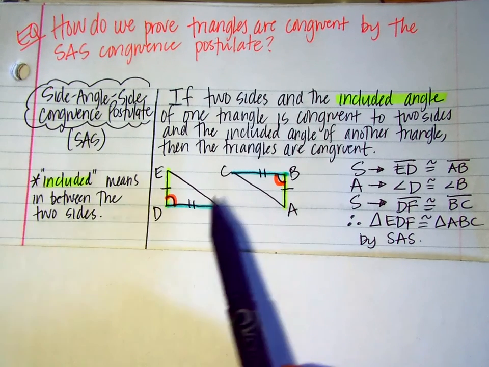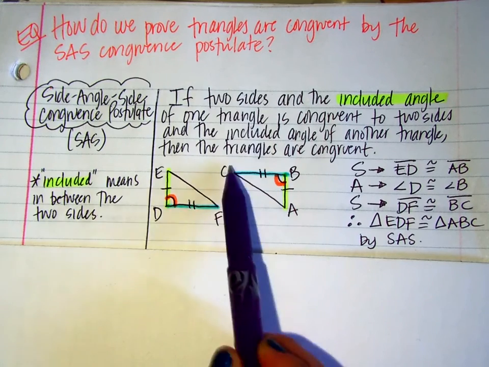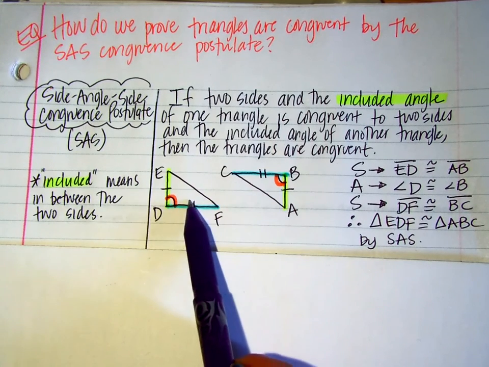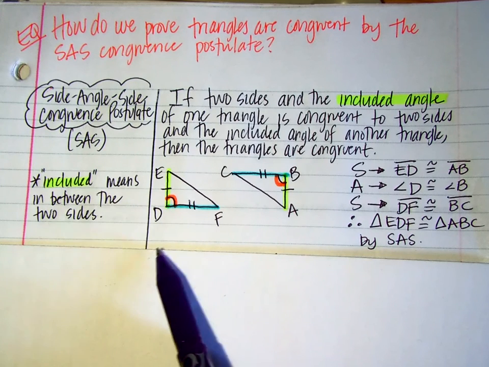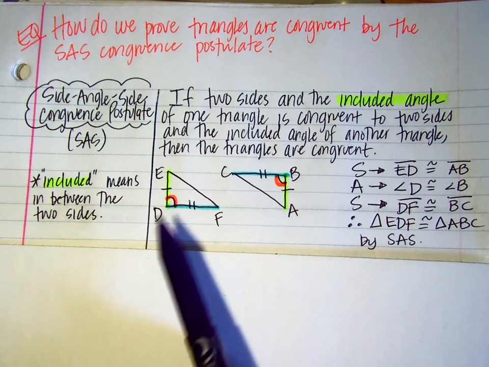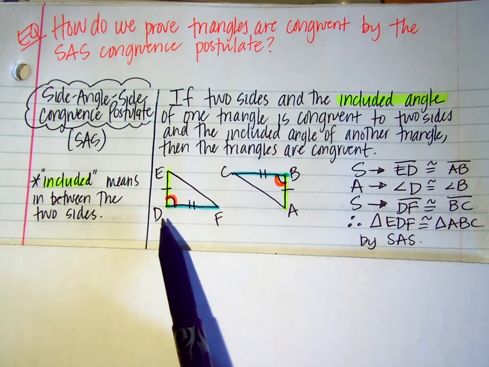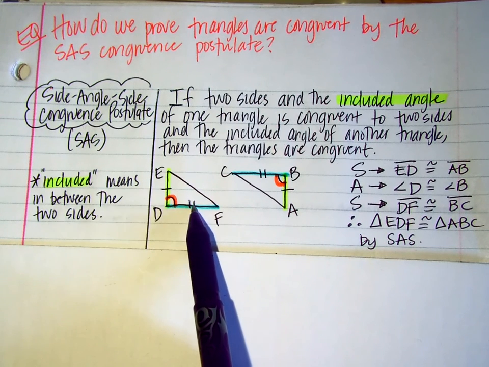Okay, so in my diagram you can see that I have two triangles, and we have markings on two of the sides, and then we also have a marking on one of the angles. But what's really special about this side-angle-side congruence postulate is that the angle has to be in between the two sides that are marked.